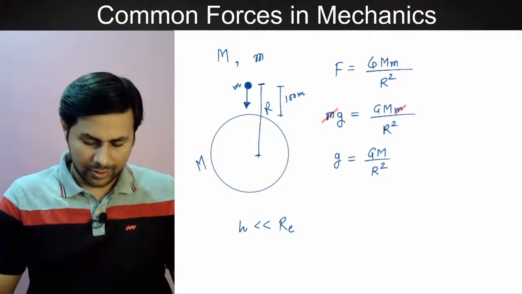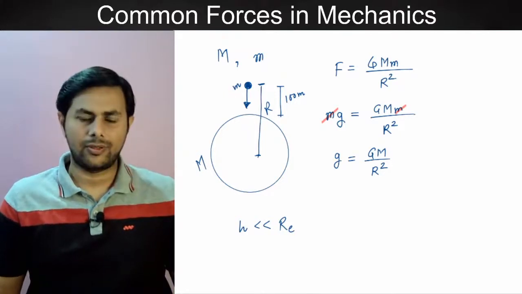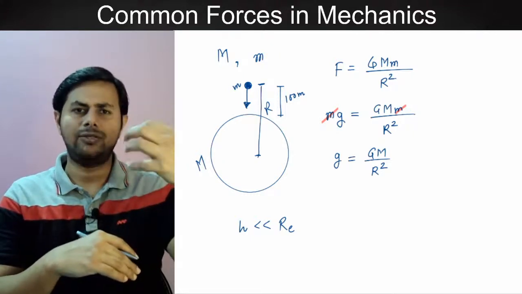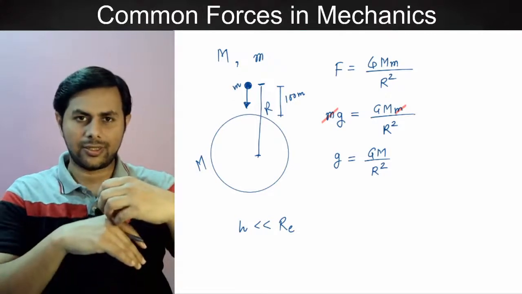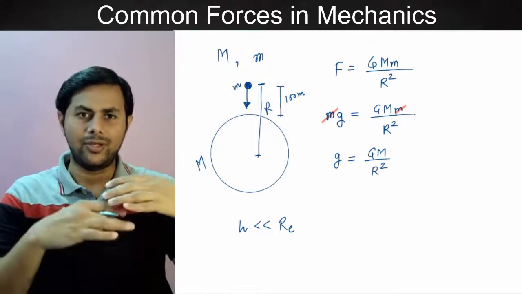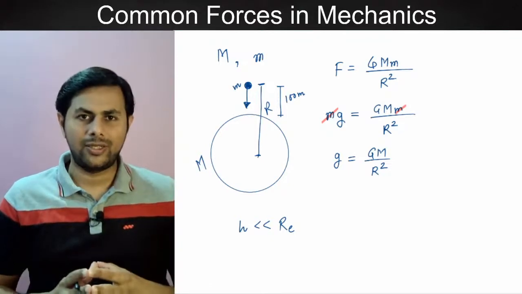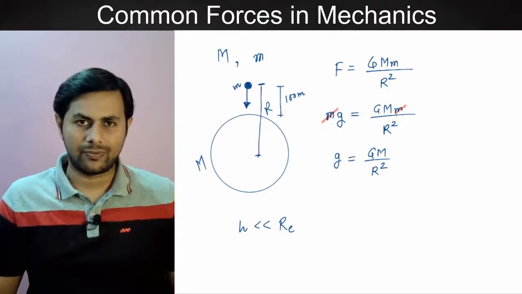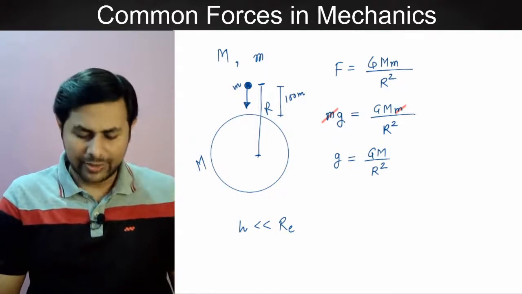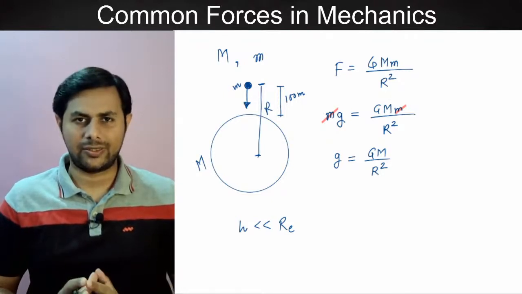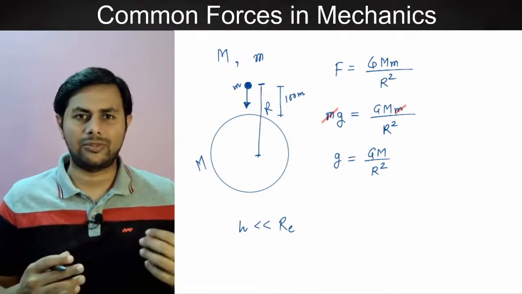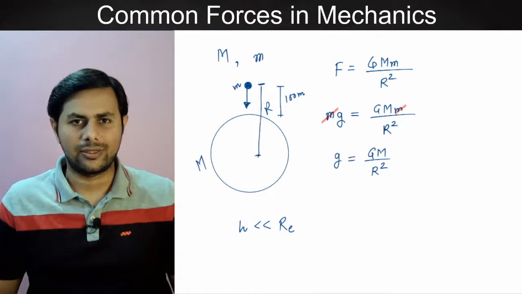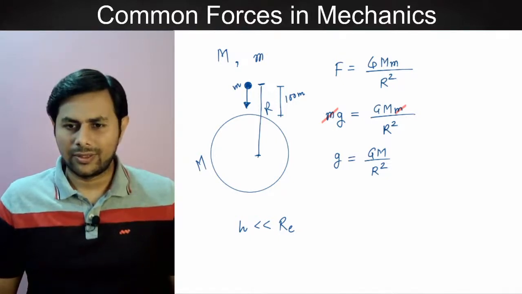Whether the body is on Earth's surface or at a height of 100 meters, there is not much change in distance compared to the radius of Earth. The radius of Earth is so big that there won't be much change in the acceleration due to gravity. All right, so that's why we consider it to be a constant. In problems involving small heights, we consider that acceleration due to gravity is fairly constant. Okay, so is it clear?